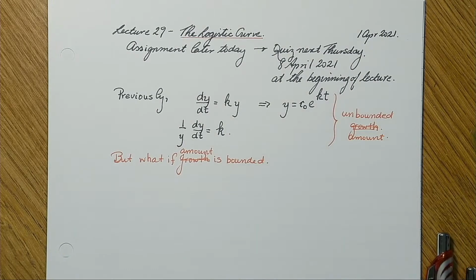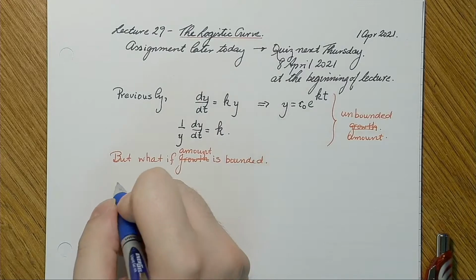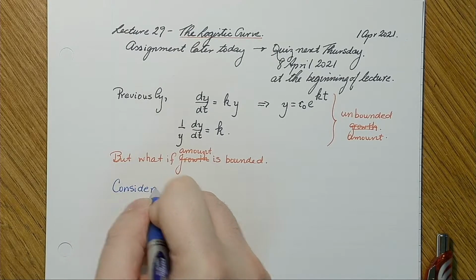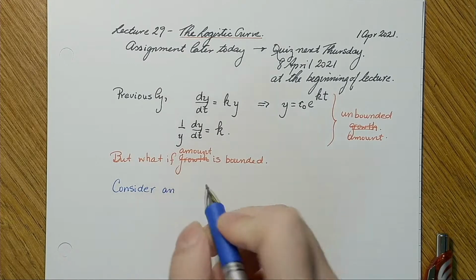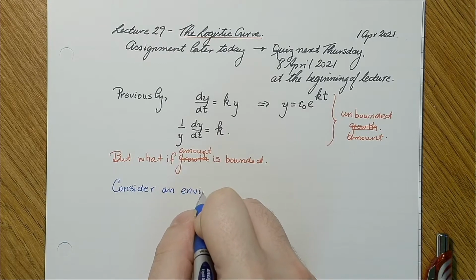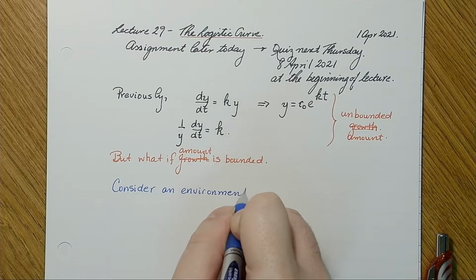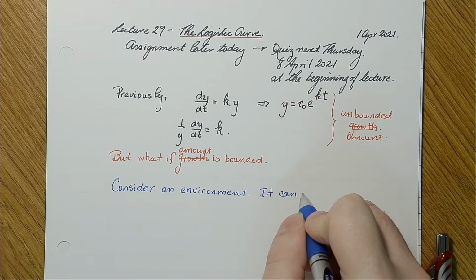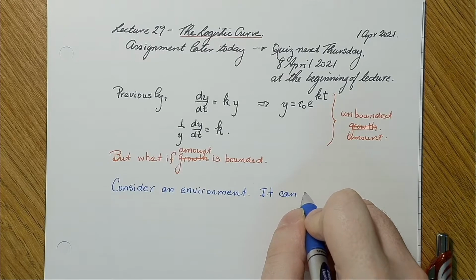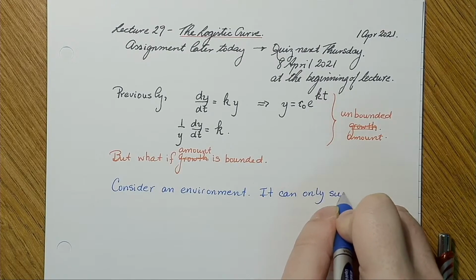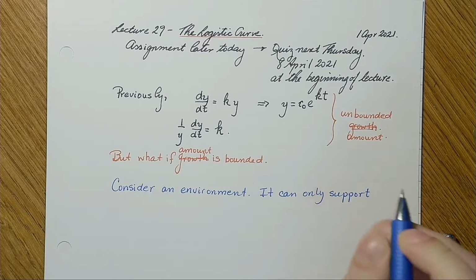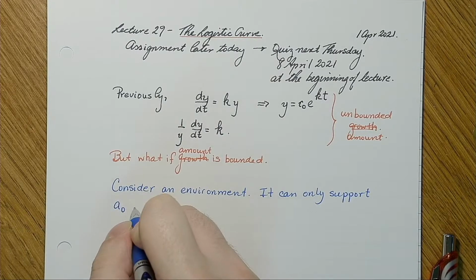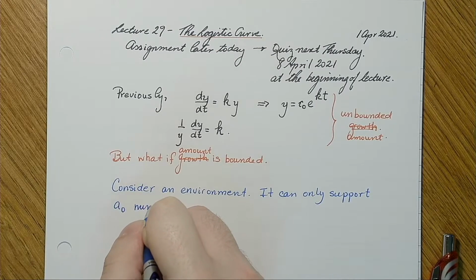So for instance, if I consider an environment like a field or some sort of settlement, it can only support a limited number of people. So we'll say that it can only support A0 number of people.